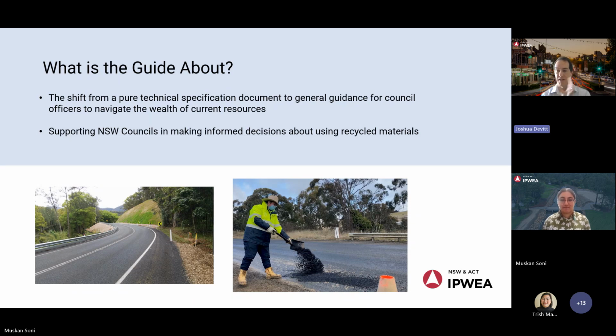A lot apply nationally, in other states, and internationally as well. That can be confusing, particularly if you haven't engaged with the use of recycled materials in the past. So what we've tried to do is condense that down to say, these are the critical ones that you as a local government engineer need to be across, and give you some guidance as to how to approach those things as well.